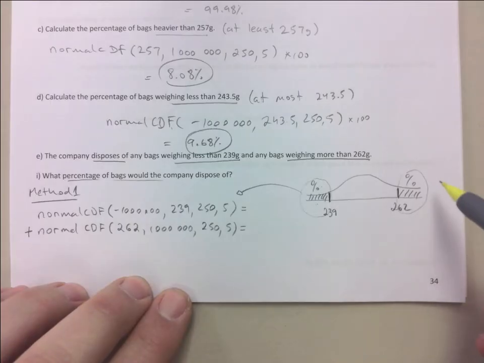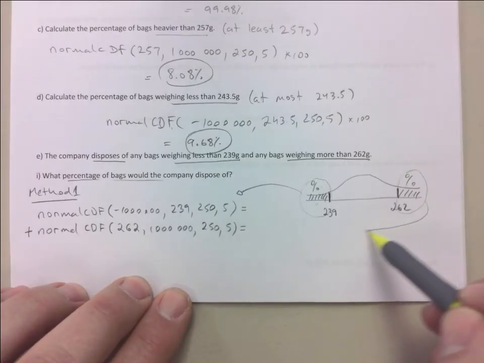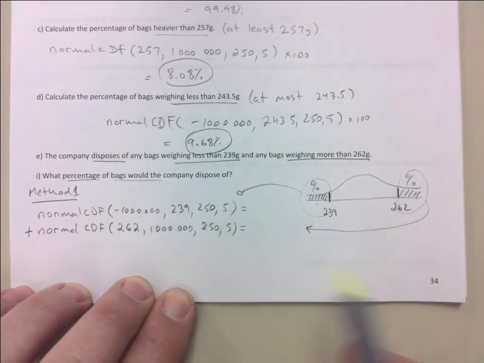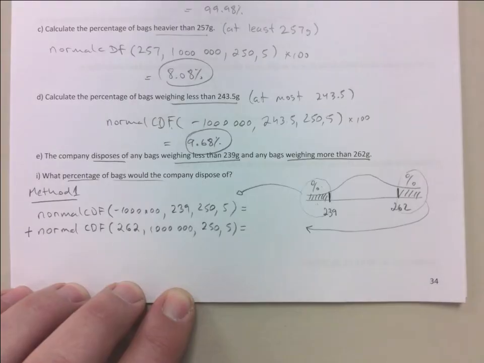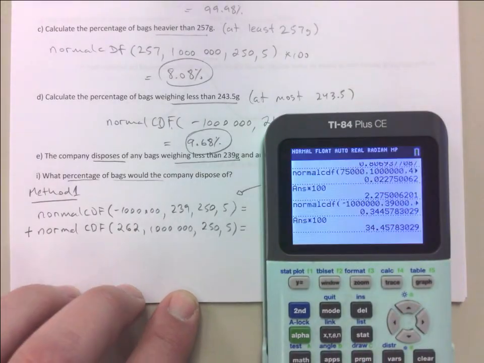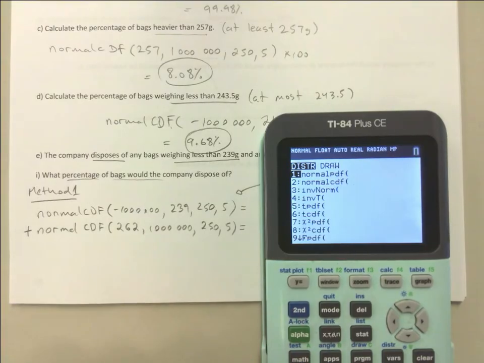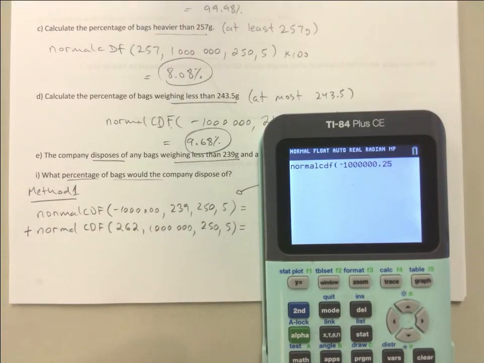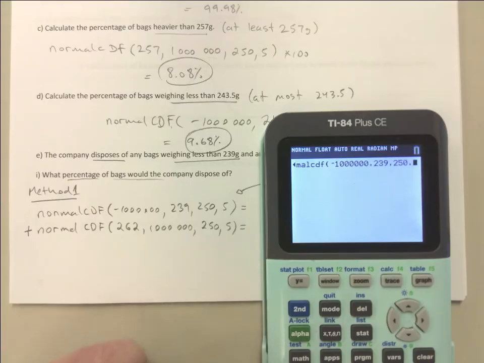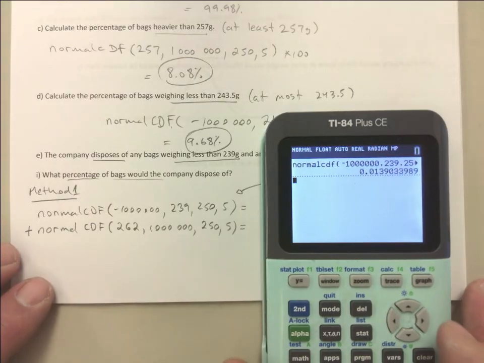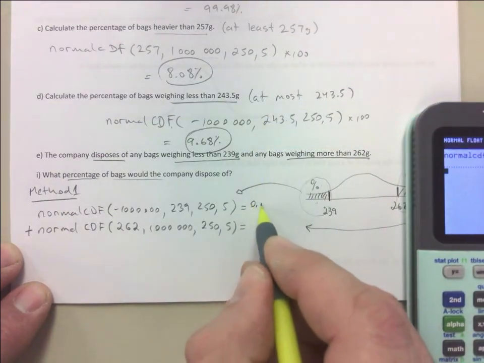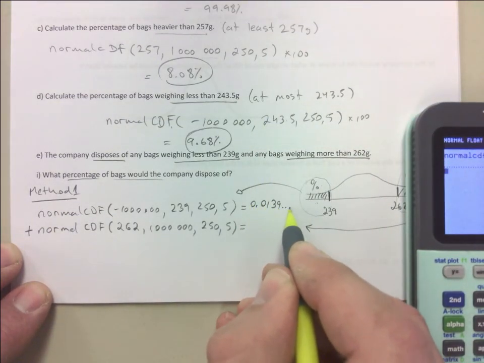I know lots of arrows flying here all around, but that's that. So let's figure this out. I did it the other way, so I'm going to show you second vars, normal CDF. Okay, let's do this one first. 0.0139, dot, dot, dot.